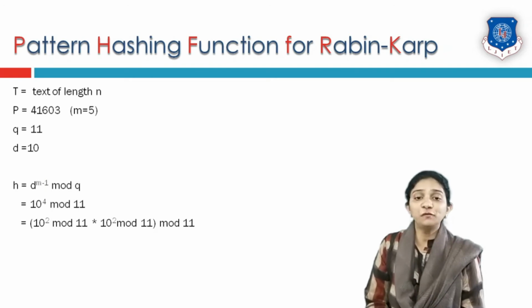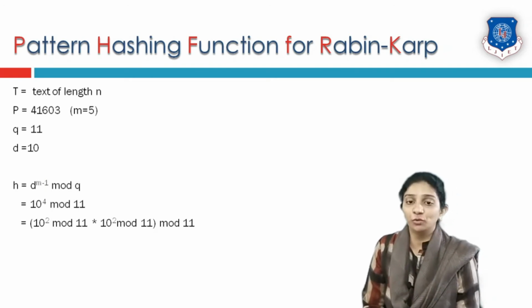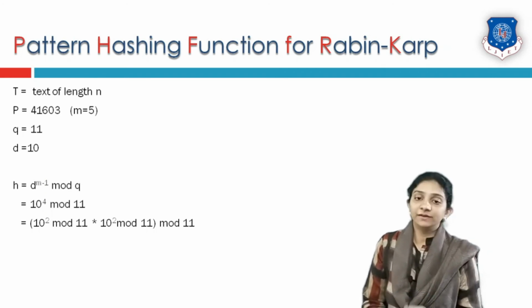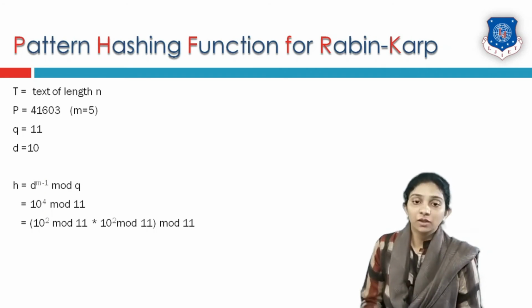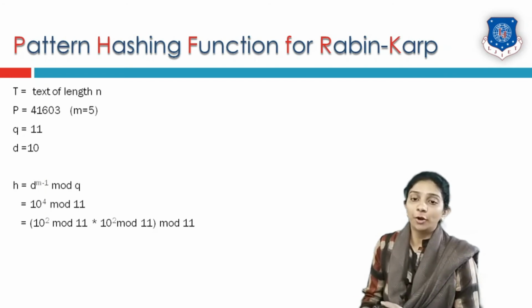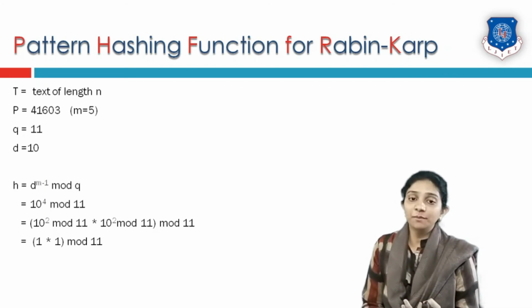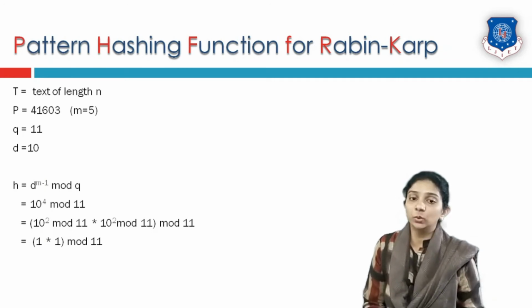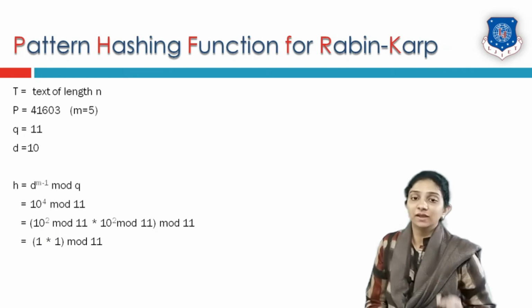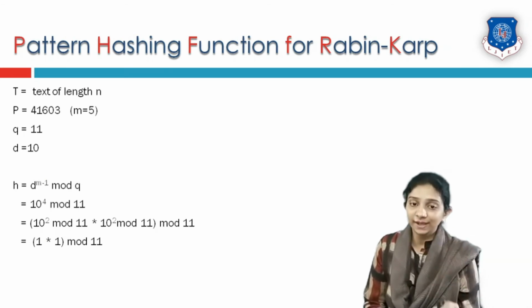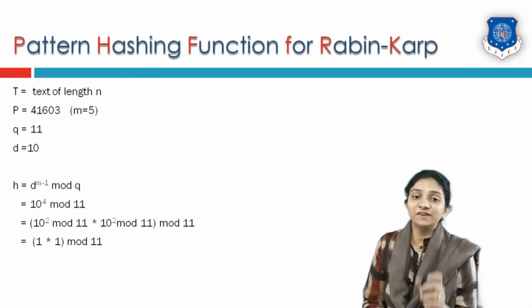So 10 raised to 4 mod 11 is broken up as 10 raised to 2 mod 11 into 10 raised to 2 mod 11, whole multiplied with mod 11. 10 raised to 2 is 100. 100 mod 11 is equal to 1. That means if I divide 100 by 11, I can subtract 99 from 100, and the remainder will be 1.